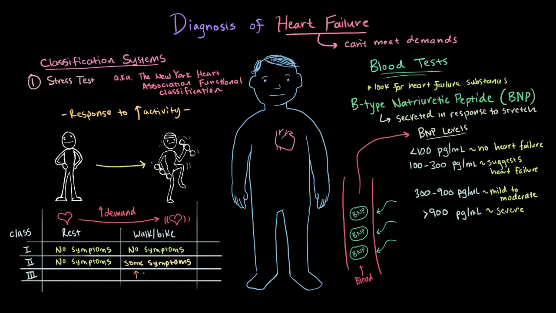Class 3, however, is a lot of symptoms during physical activity, but still no symptoms at rest. Finally, class 4 indicates a complete inability to undertake really any physical activity without feeling those symptoms. And furthermore, those symptoms even occur at rest.